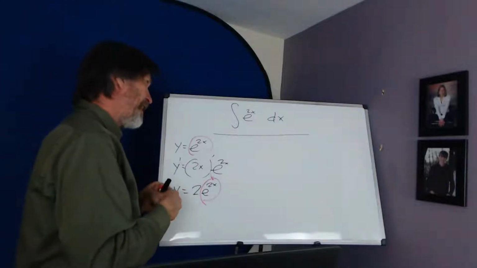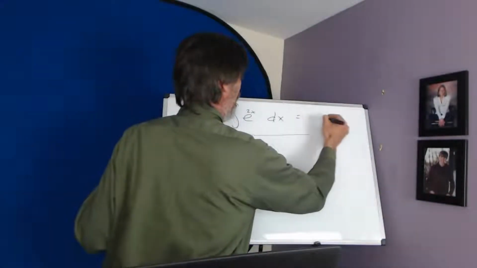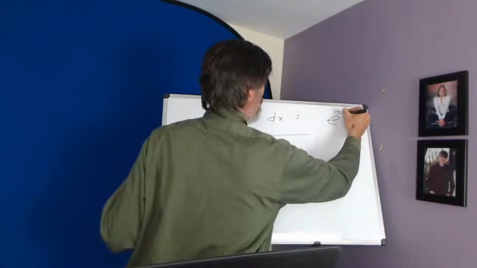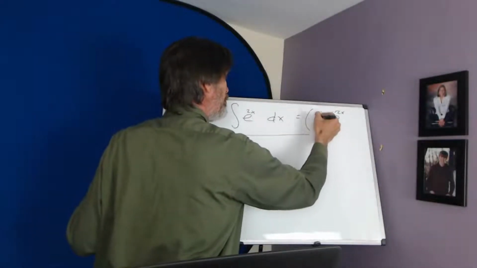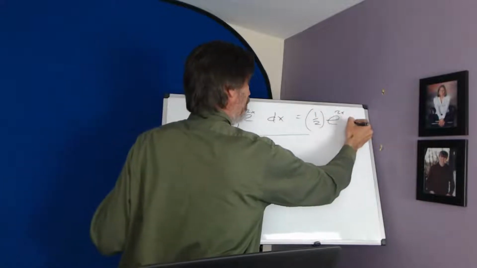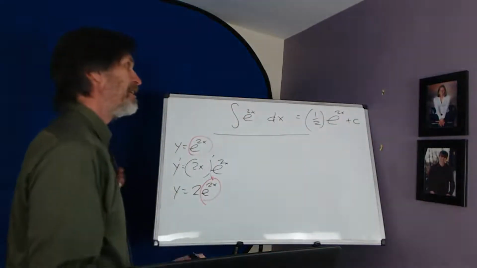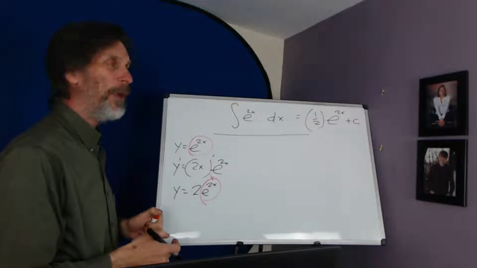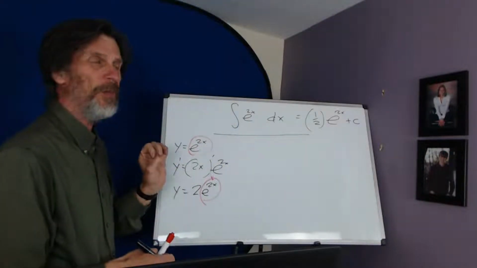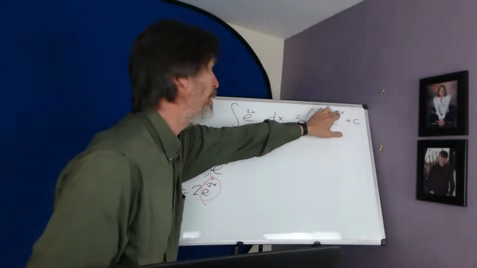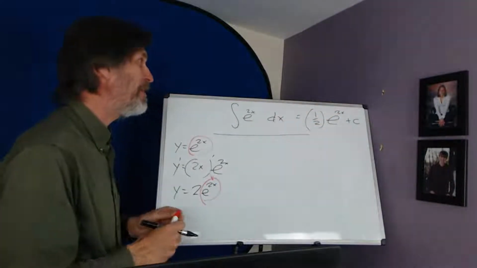So if I were going to find the antiderivative of this one, I would keep the e to the 2x, but instead of multiplying by 2, I would multiply by the reciprocal of 2, and then add the c at the end. So it's sort of like the power rule. We raise the power by 1 and then multiply by the reciprocal of the power. Here we're going to multiply by the reciprocal of the derivative of the power.